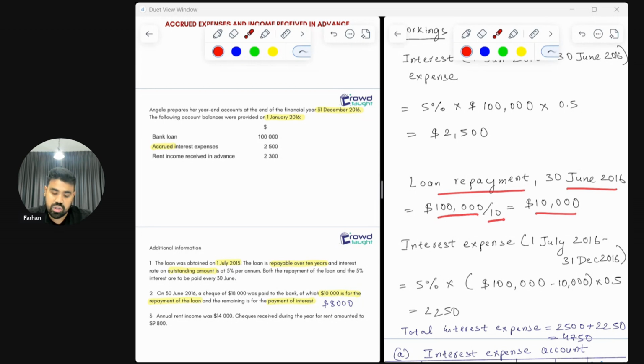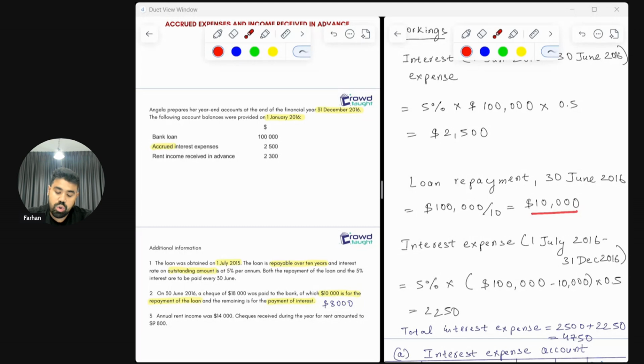That's based on the additional information which we are given, which you can see I'm circling. It mentions that the loan is repayable over 10 years. So if the loan amount is $100,000, then every year we can pay off $10,000. So $10,000 is the loan repayment on 30 June.